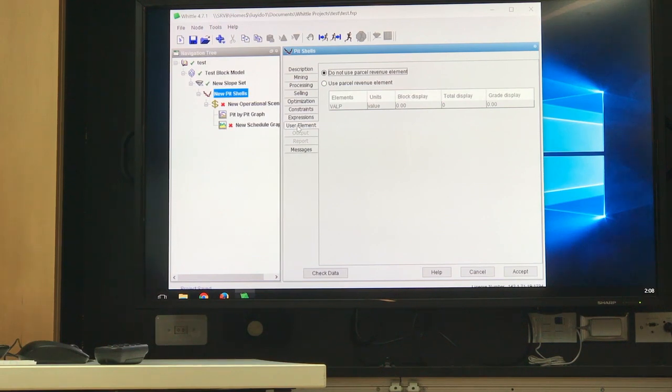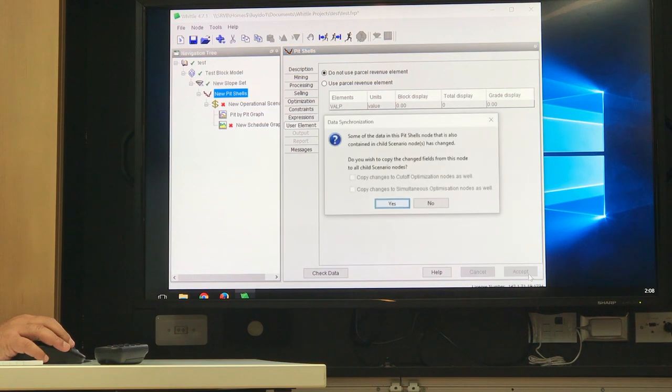In that course, we talk about advanced options like stockpiling, which we are not talking about here because we don't have time. So we don't touch this advanced icon. We just select accept.